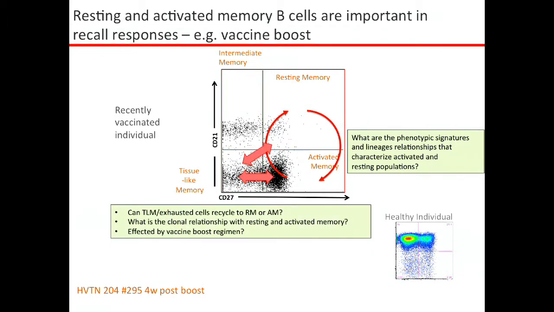Indeed, we can also have a look at the tissue-like memory, or the exhausted cells, and see if they can recycle, or is this just a trash can for all the B cells? What is the clonal relationship with resting and activated memory? And then is this affected by the vaccine boost regime? So we can ask these questions.